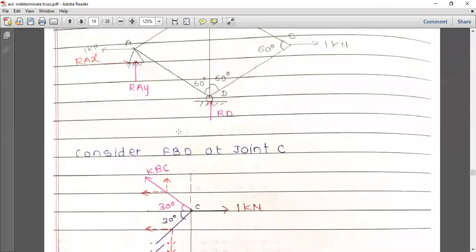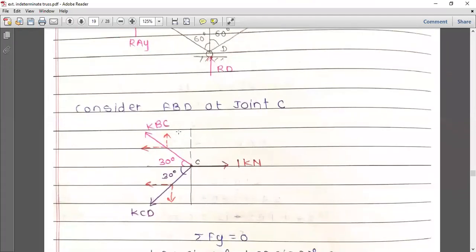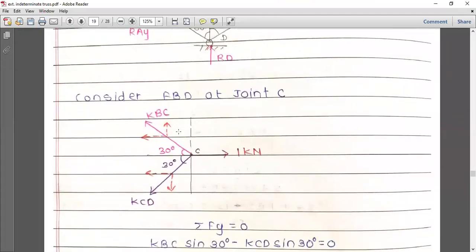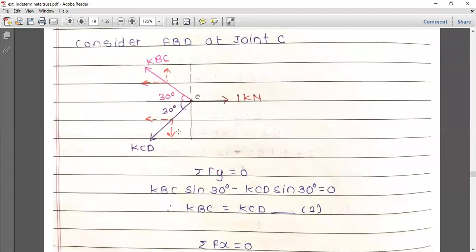Now again we'll consider the FBD of joint C, free body diagram of joint C. Again we don't know the force in members BC and CD. Assume the nature is tensile, that's why arrows away from joint. Resolve the components in vertical and horizontal directions.